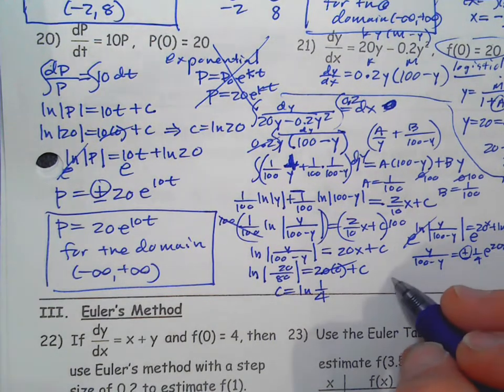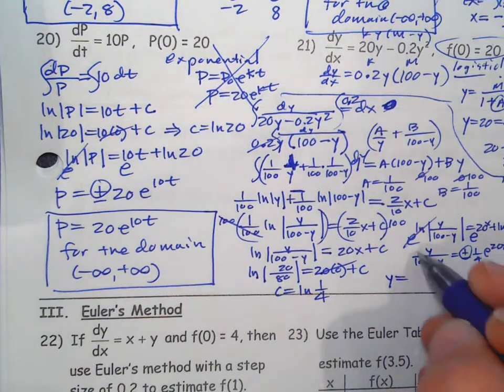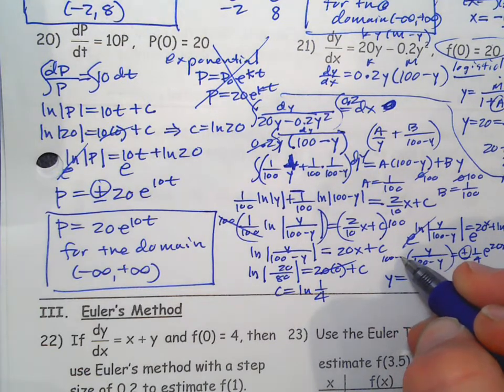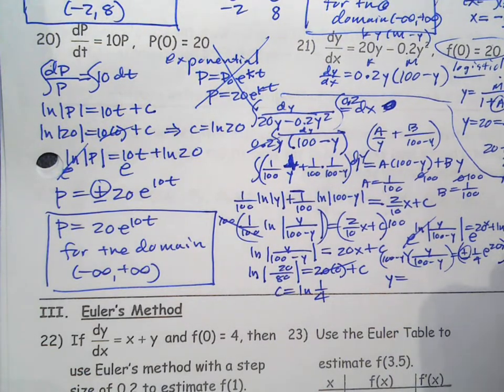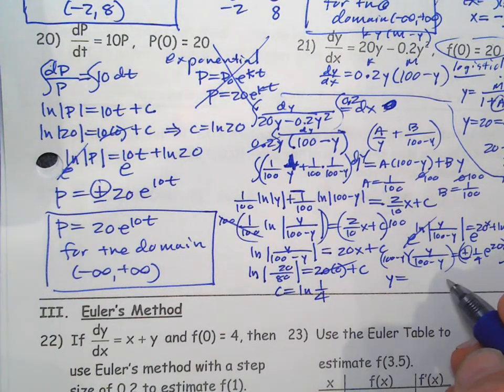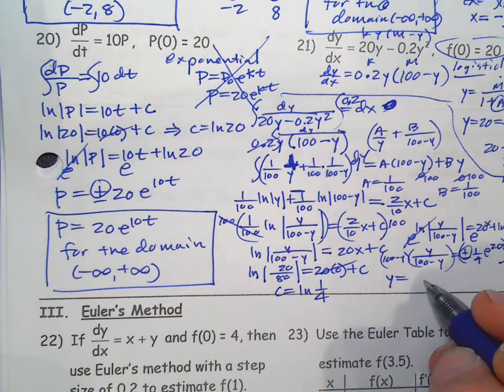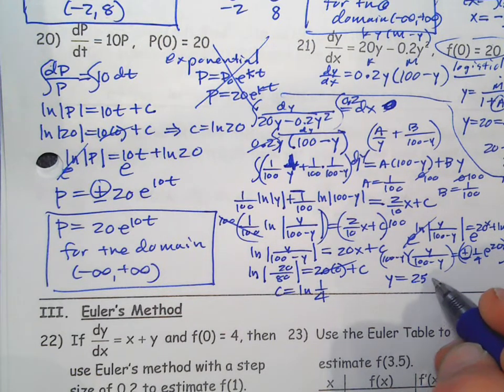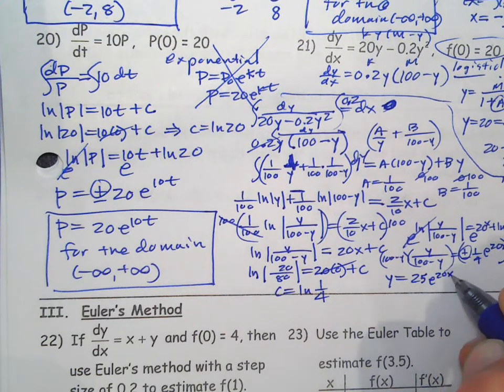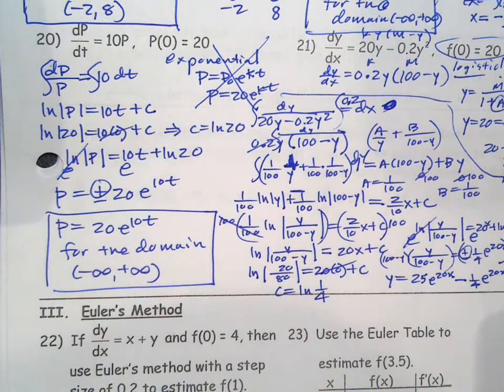So then we're going to multiply the 100 minus y to the other side. And now it's just nasty algebra. So this is going to be 25 e to the 20x minus 1/4 e to the 20x y.